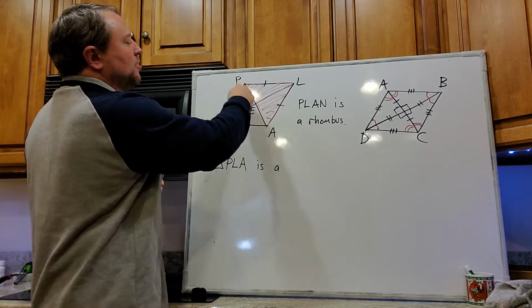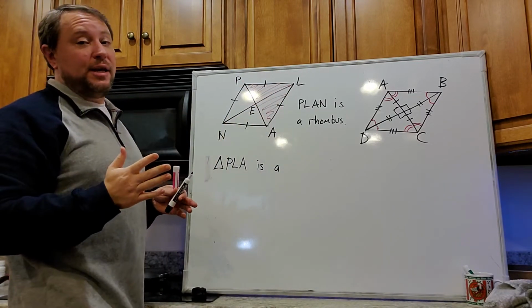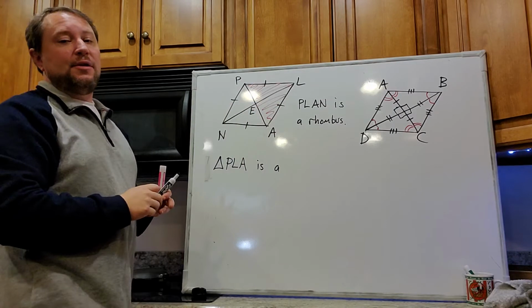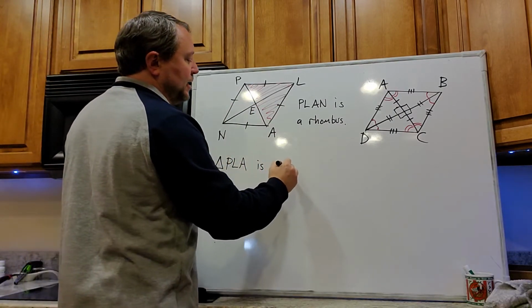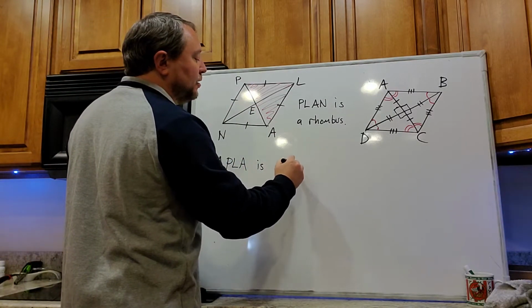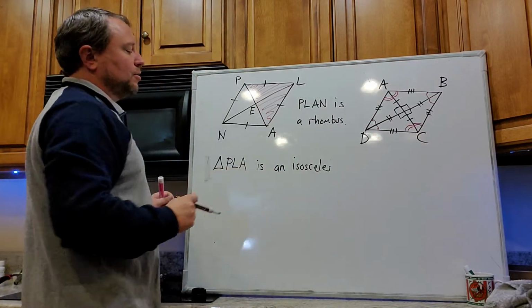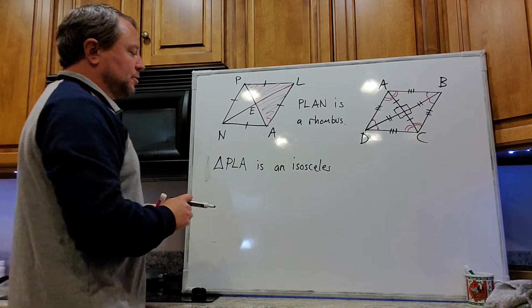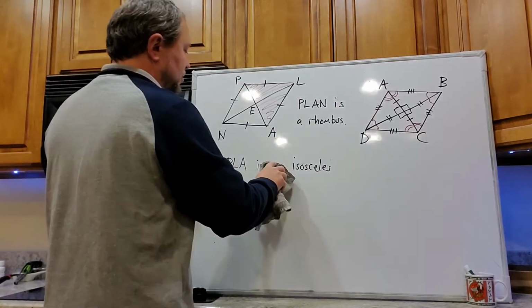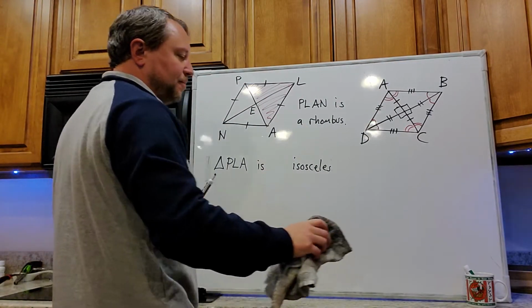So then this triangle PLA, I can say for certain has at least two matching sides, which of course makes it an isosceles triangle. So triangle PLA is isosceles.